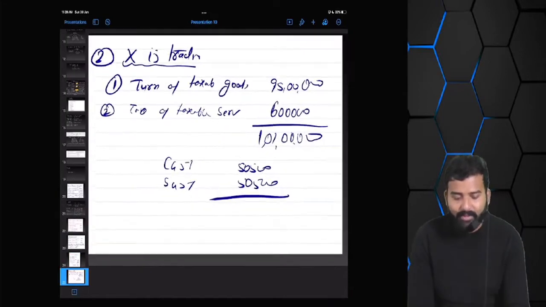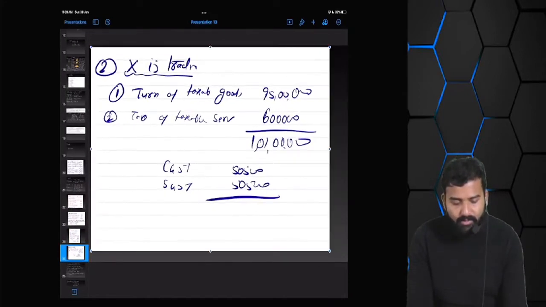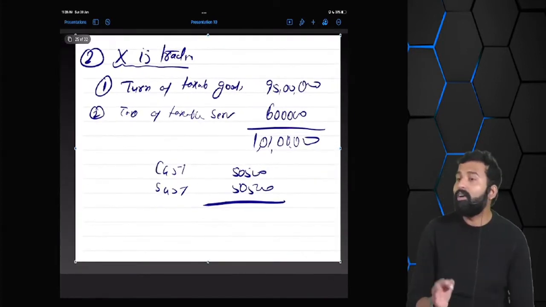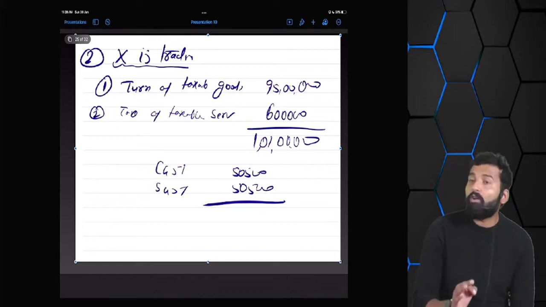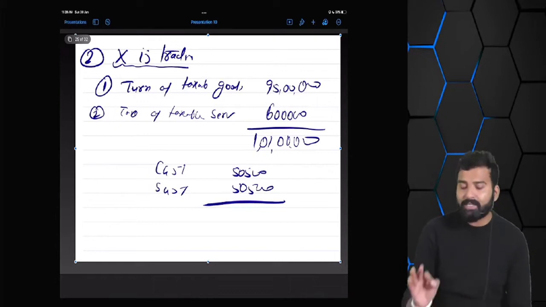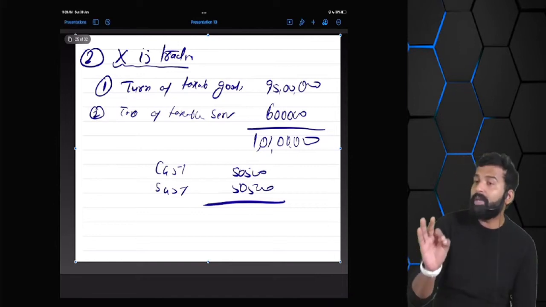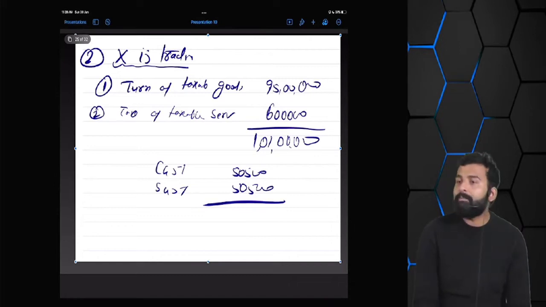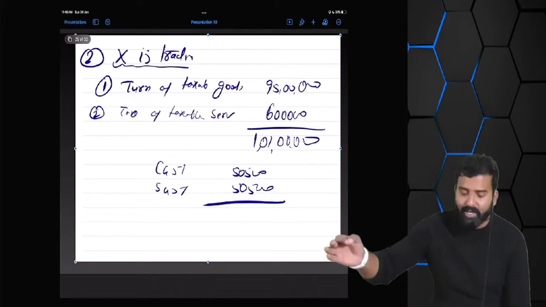He is going to pay tax only on 1 crore 1 lakh rupees. If he is a trader, then turnover of taxable goods and turnover of taxable services only. He's not going to pay on turnover of exempt goods. So his tax will be 0.5% and 0.5% of 1.01 crore rupees.